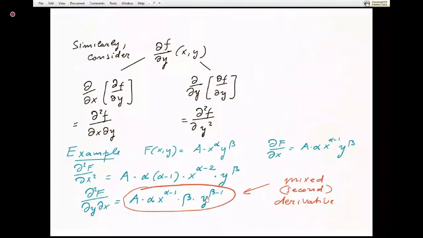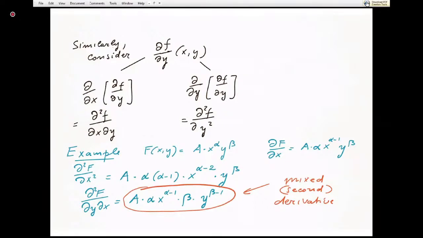These derivatives that are computed in the first step with respect to one variable and in the second step with respect to the other variable are called mixed second derivatives. Those computed at each step with respect to the same variable are called pure.